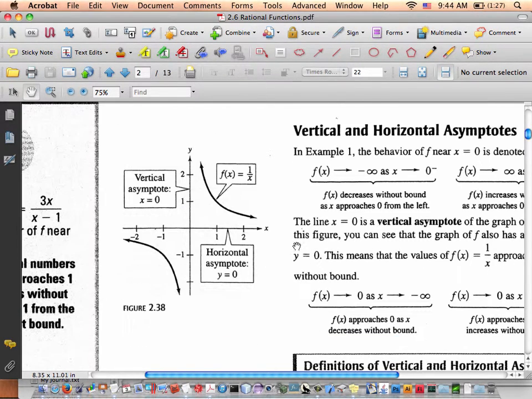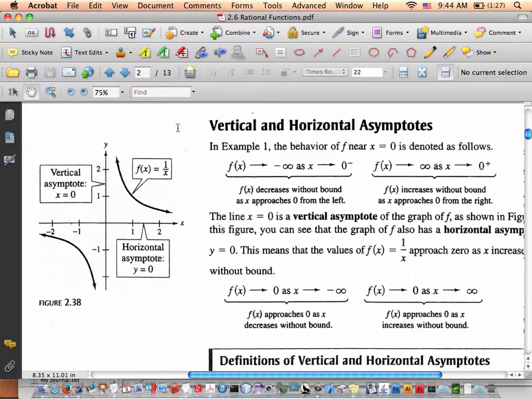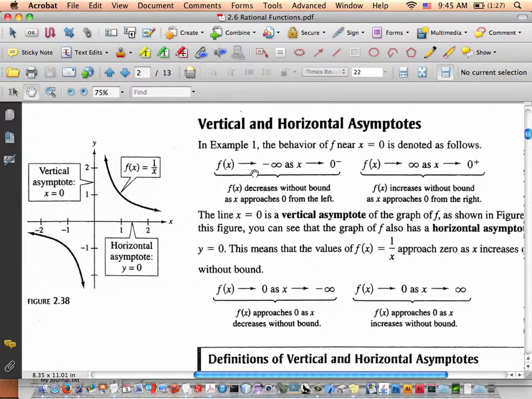All right. Now, let's talk about vertical and horizontal asymptotes. In example 1, the behavior of the function near 0 is denoted as follows. This is the kind of notation that I'm looking for, by the way, in your tests and quizzes. Using arrow notation, the function is going towards negative infinity as x goes to 0.